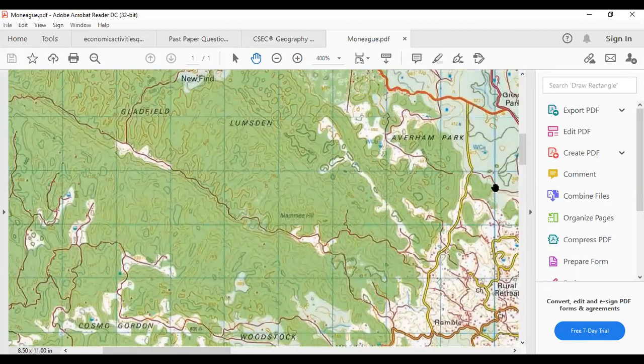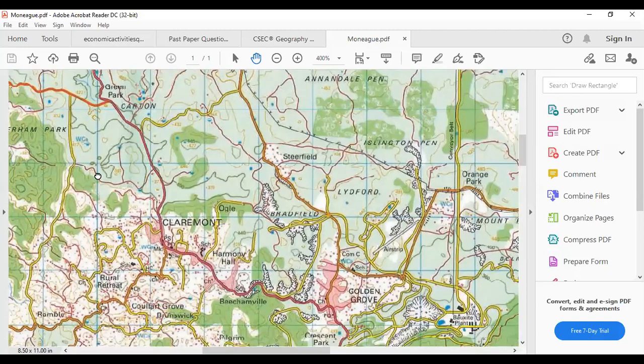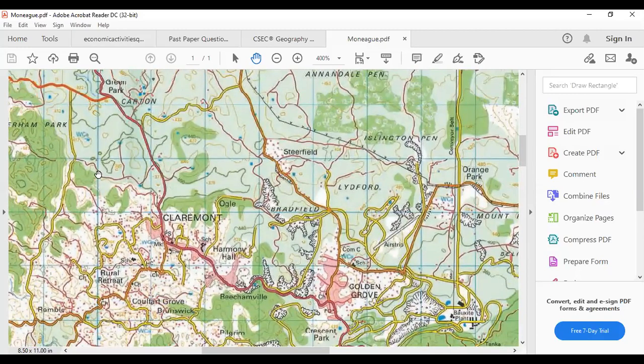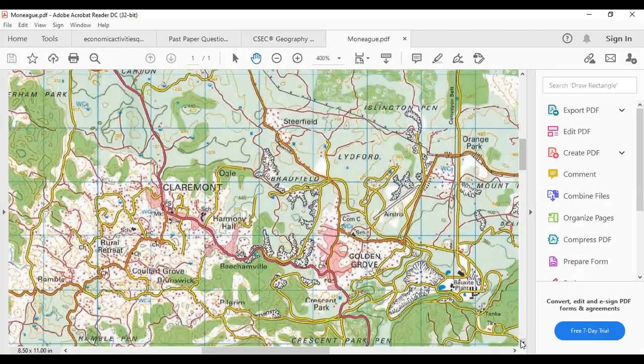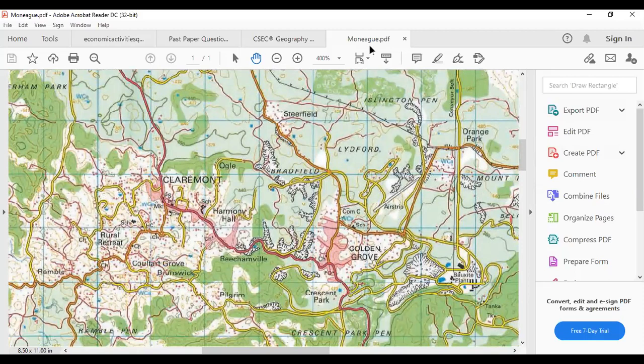What else can you see in terms of economic activity? What else they have there? Oh, you're seeing this thing here under economic activities. You study this in Jamaica. Look at it over here. Bauxite, miss. Very good, bauxite.